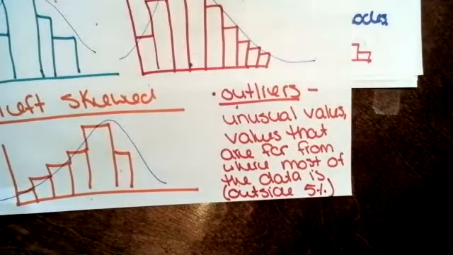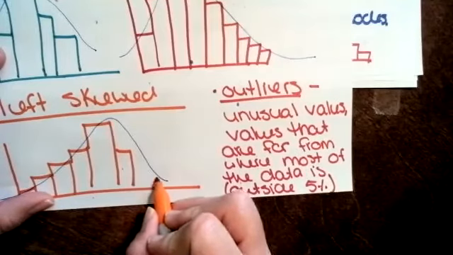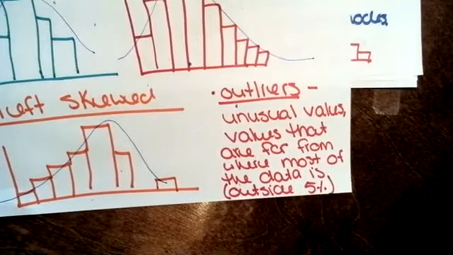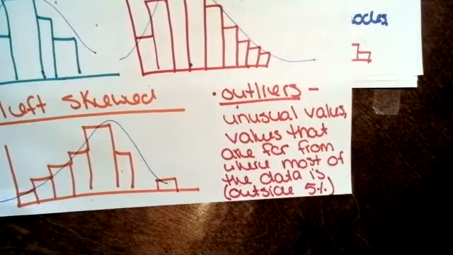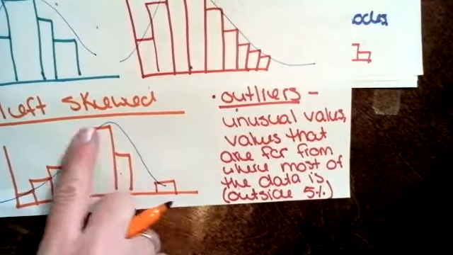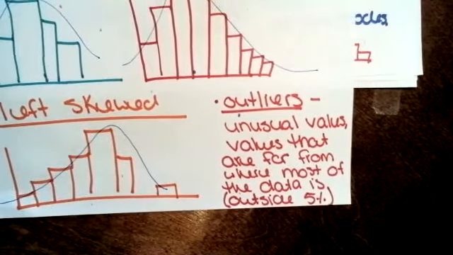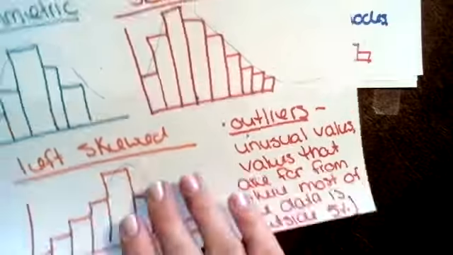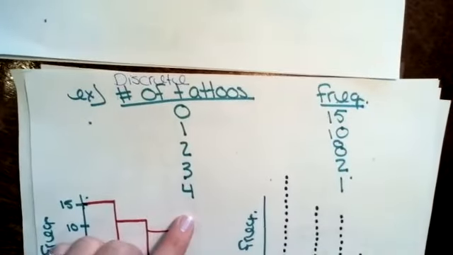So what I mean by an outlier is I may have this random bar, this random value here, and this would be an outlier. It's different from everything else. It's far away from where all the other data is. For example, with the tattoo question, an outlier would be if someone answered 15.